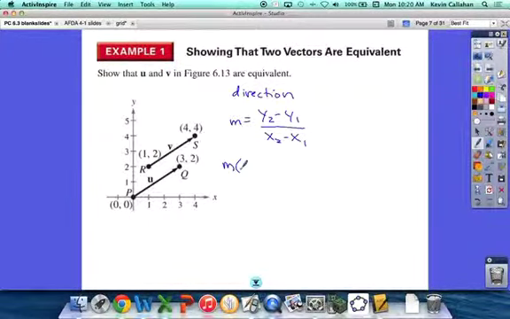I'm going to say PQ, and that will be 2 minus 0 over 3 minus 0. And for the slope of RS, 4 minus 2 over 4 minus 1.